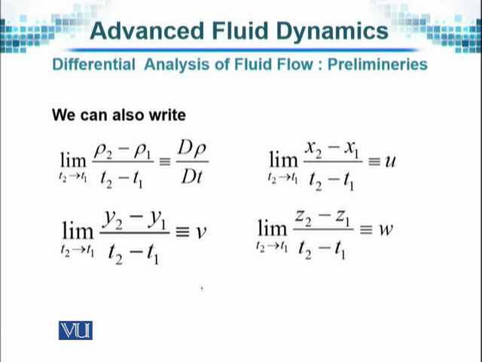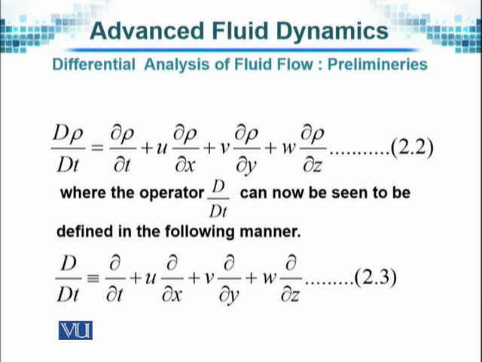If you remember, delta x by delta t as delta t tends to 0 is written as dx by dt. So that is what we are taking into consideration, and that takes us to these velocity components, because we know that dx by dt will be u and dy by dt is v, and so on. So, taking the limits and ignoring all the second order terms.